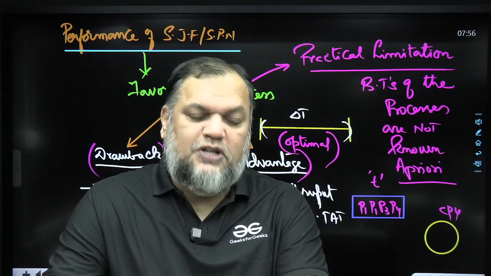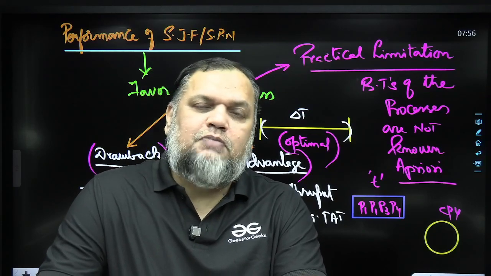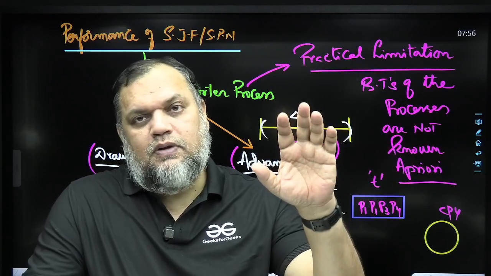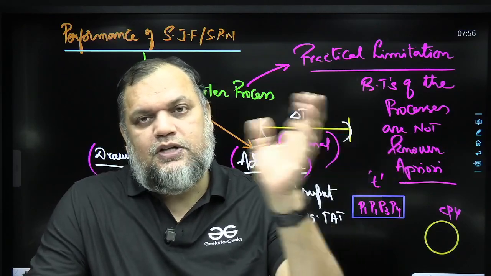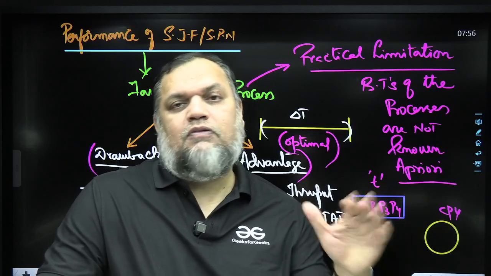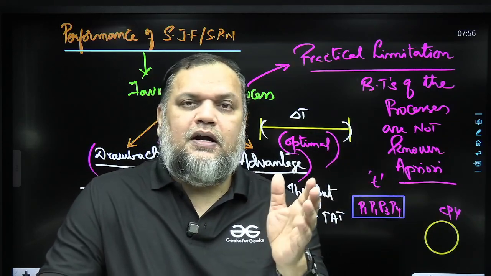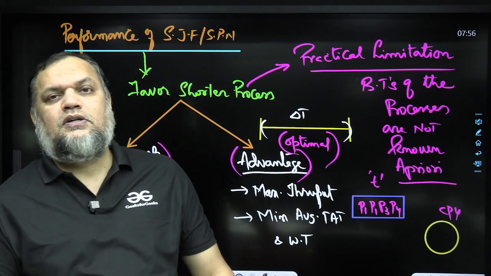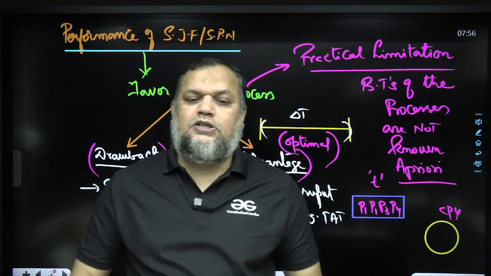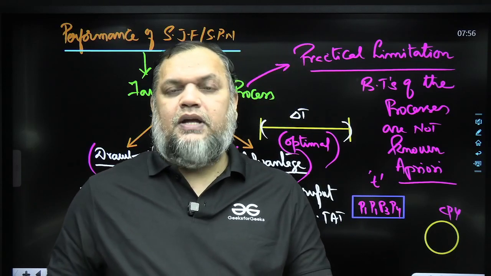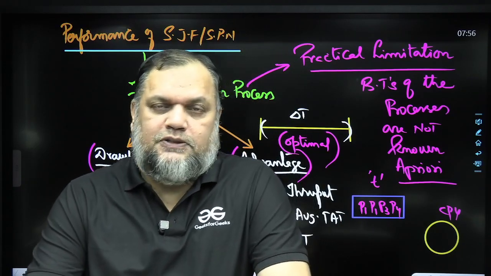So it is used in benchmark performance comparison. I can compare the performance of other practically implementable scheduling techniques with respect to shortest job first by writing a C, C++, Java or Python program for SJF and other algorithms. That is reason number one for having shortest job first in the literature: benchmark performance analysis.